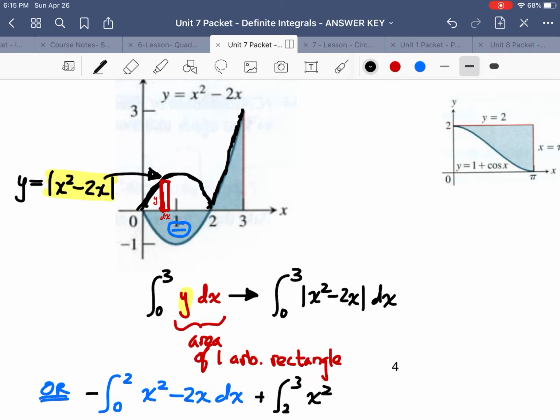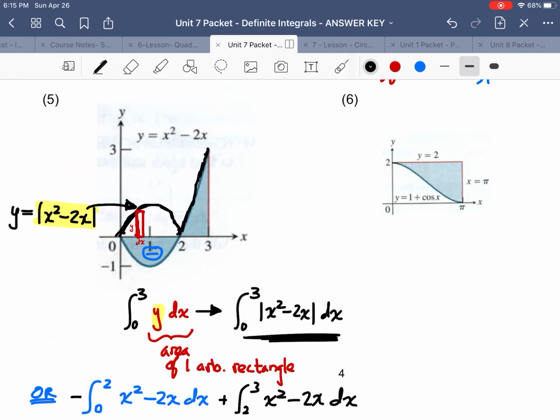And then add to that separately the area going from 2 to 3, same function, but this part of the function would give a positive area. When you put the two together, you would get the same answer that you would get for this. All right, so it ends up being the same thing, but I just look at it like, well, what do I want to figure out? One integral or two integrals? And you look at it and say, well, I don't know how to find the antiderivative of an absolute value function. And I say, well, okay, but your calculator does. And for now, that's all we need.